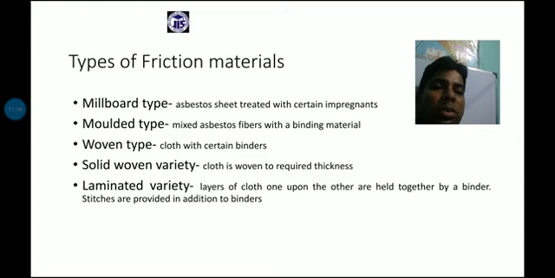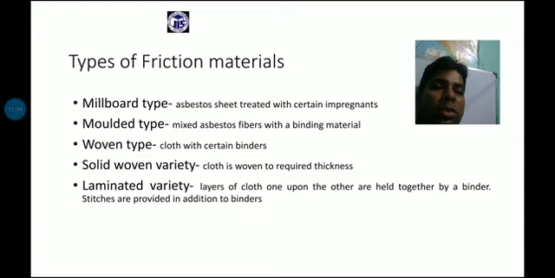So now the working principle. A multiple clutch consists of a number of clutch plates instead of only one clutch plate, as in the case of a single plate clutch. As the number of clutch plates is increased, the total number of friction surfaces increases, which increases the capacity of the clutch to transmit torque.